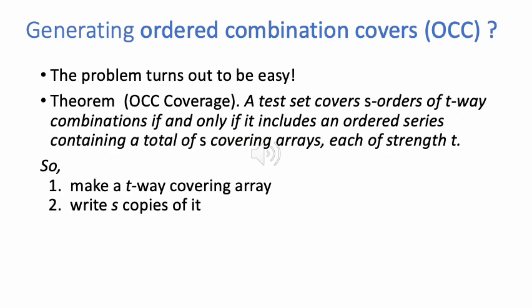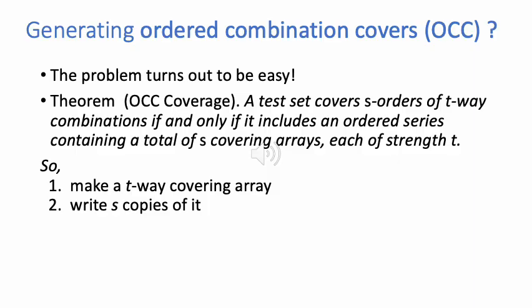So this is a nice little result that we can cover all S orders of T-way combinations if and only if we have a series containing a total of S covering arrays, each one of strength T, of course. So what we can do is obviously make a T-way covering array and then duplicate it S number of times.